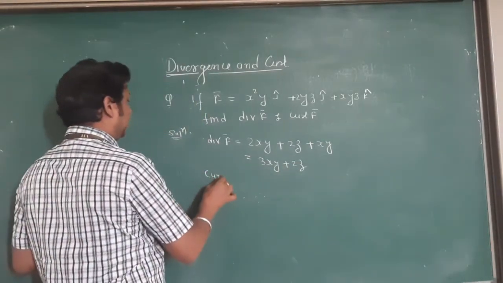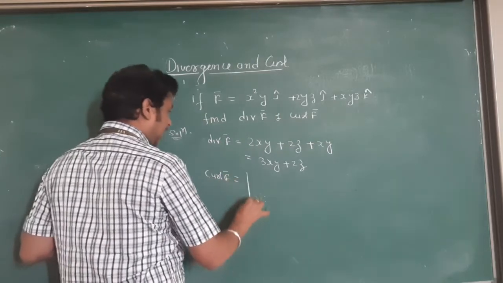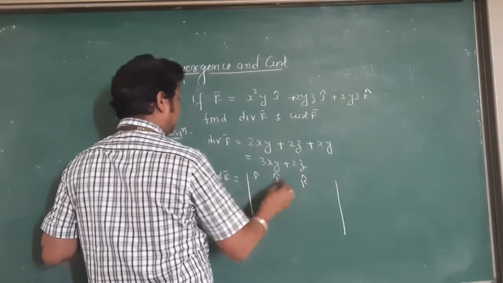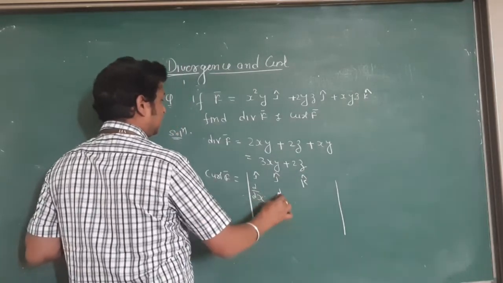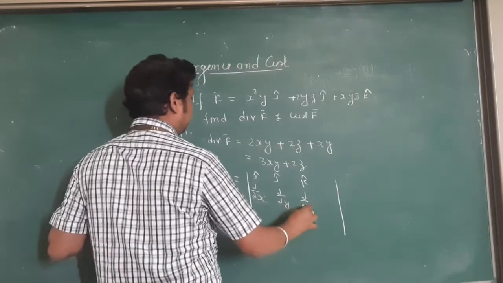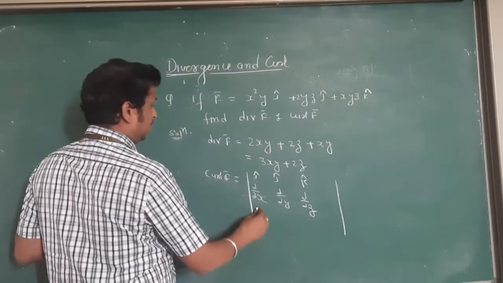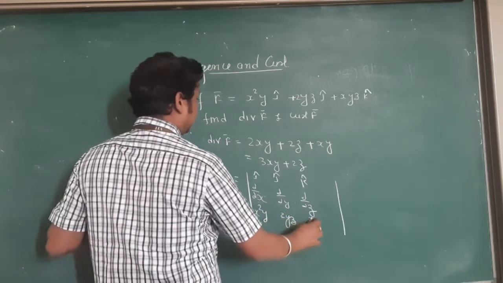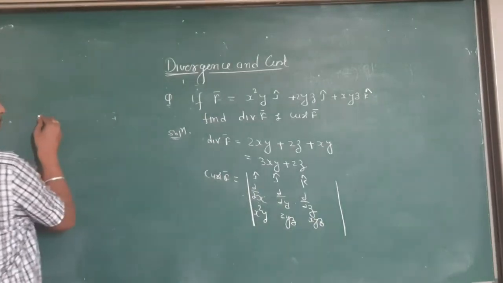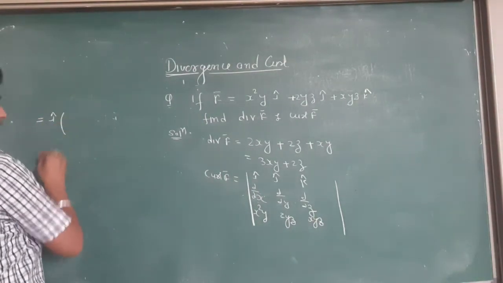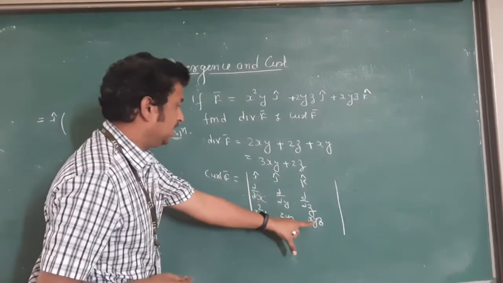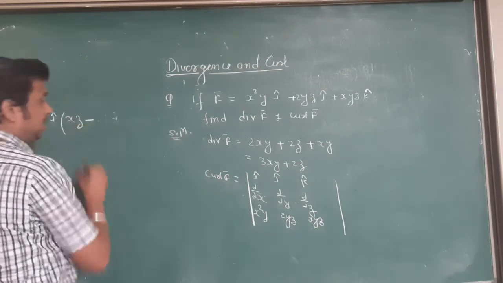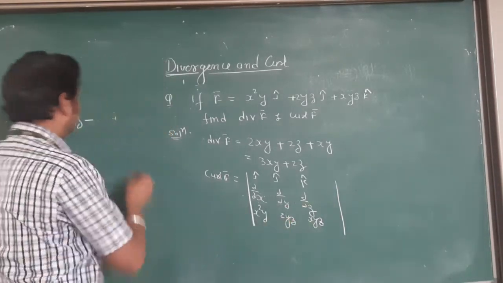Now I am going to calculate curl f. Curl f means i cap, j cap, k cap, del upon del x, del upon del y, del upon del z. What is f1? X square y, 2yz, xyz. So what is the value? I cap times: differentiate this with respect to y, what do we get? Xz, minus differentiate this with respect to z, what do we get? 2y.